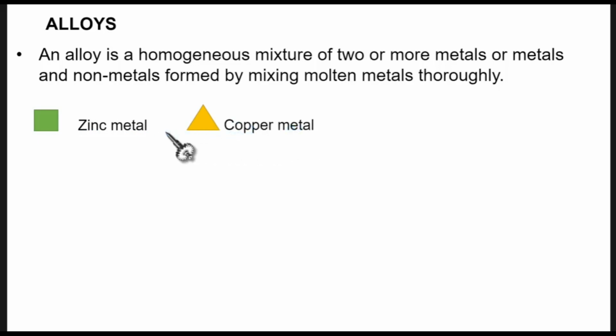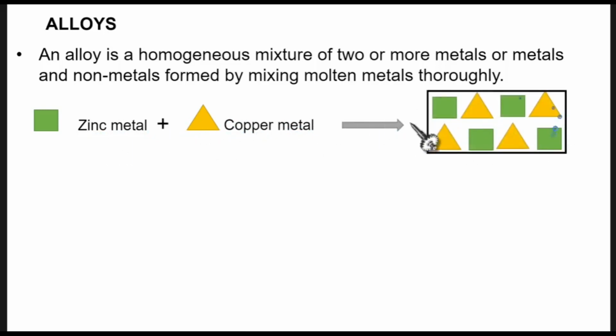When zinc metal and copper metal are added, they form an alloy, and such an alloy is known as brass. So this one will be brass alloy, which is an alloy made of zinc and copper.